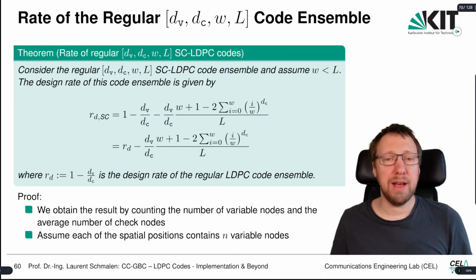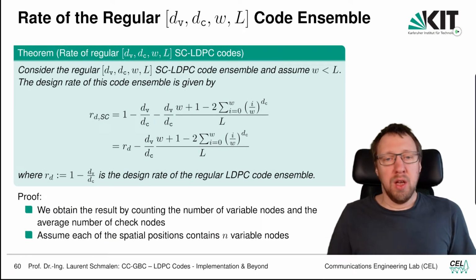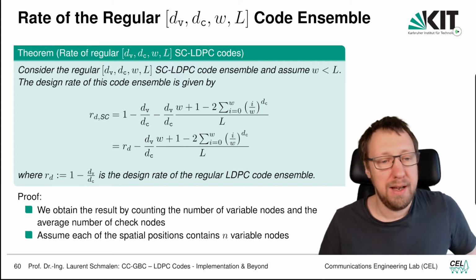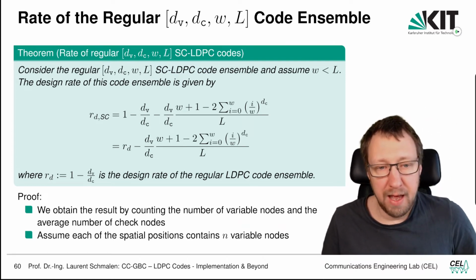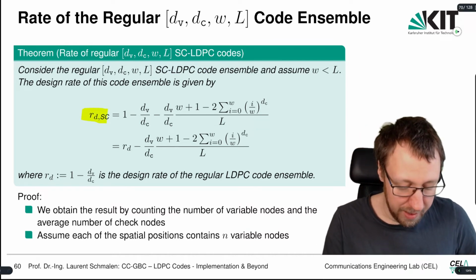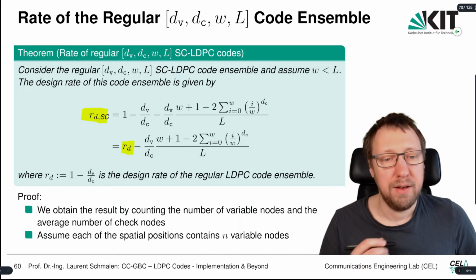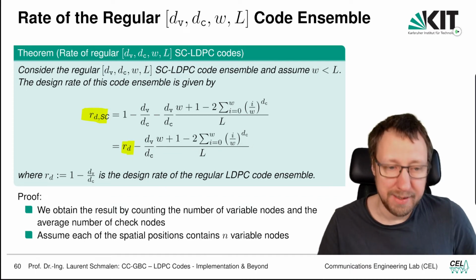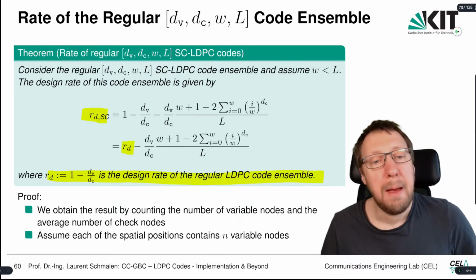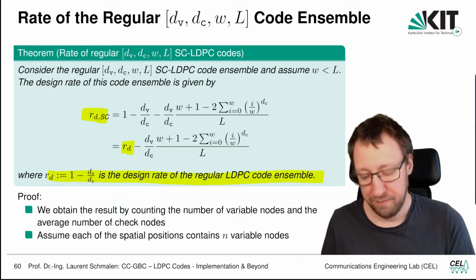So let's take a look at the rate. We can actually calculate the rate of a spatially coupled LDPC code. And the rate of a spatially coupled LDPC code is essentially the design rate of the dv/dc regular LDPC code minus a correction term.